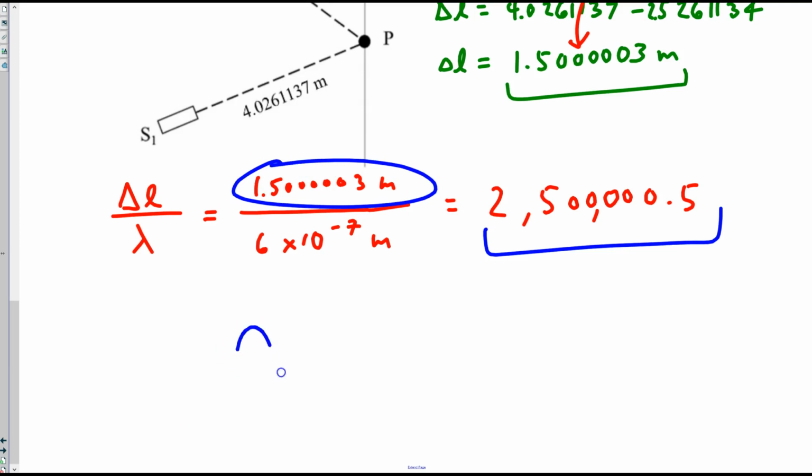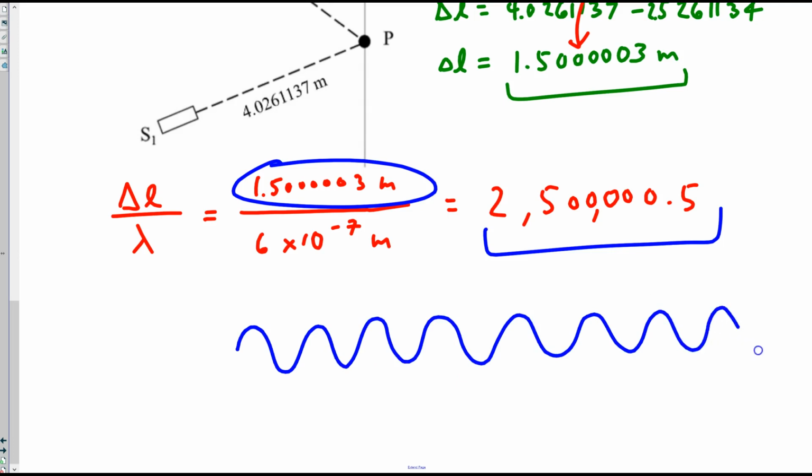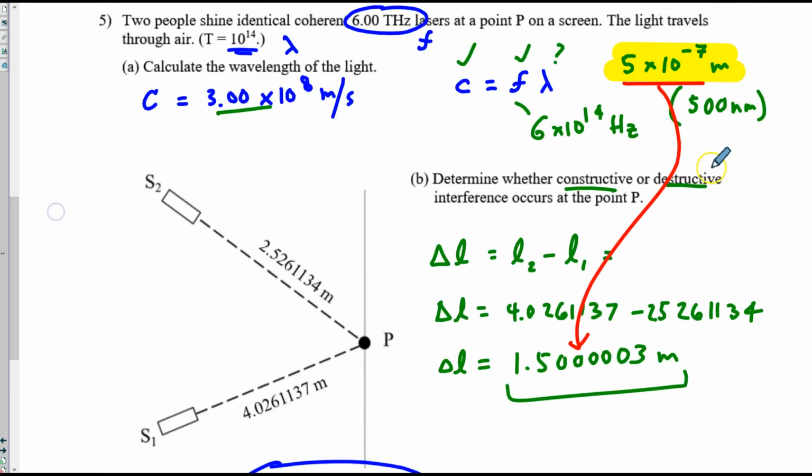In other words, one of these laser waves travels 2.5 million wavelengths, and then it travels one more half cycle longer. So when the other wave arrives, because they're a half cycle off, or a half wavelength off, destructive interference occurs. It fits the equation. Path difference equals n plus 1/2 times lambda. That's the equation we fit, so we have destructive interference.